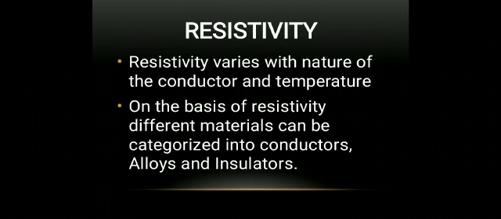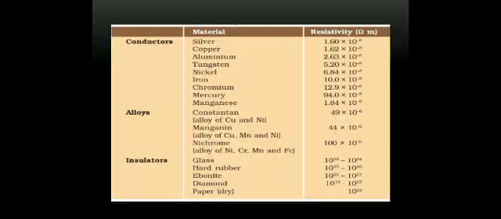Different conductors have different resistivity, and on the basis of this we have categorized different materials as conductors, alloys and insulators. From this table we can see that conductors generally have low resistivity and hence they allow the current to pass through them, whereas insulators have the highest resistivity and therefore they do not allow the current to pass through them.